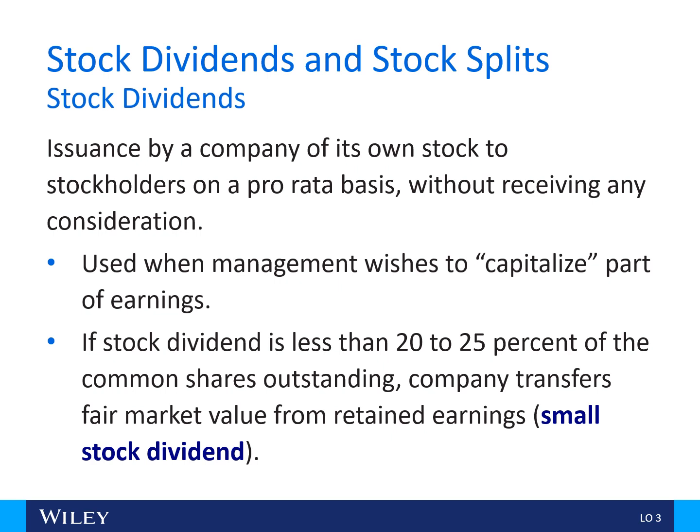When they do that, if a stock dividend is less than 20 to 25% of the common shares outstanding, the company will debit retained earnings for the fair market value. They will basically declare a dividend for the fair market value of the stock. Less than 20 to 25% is considered a small stock dividend.